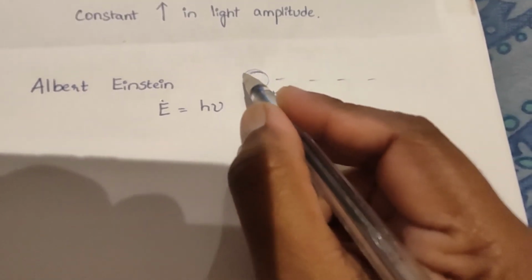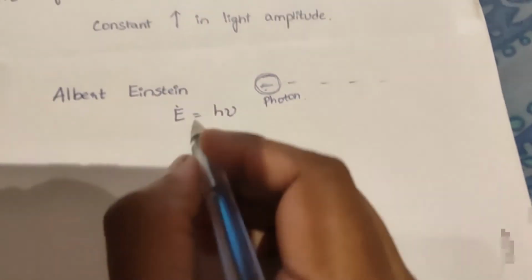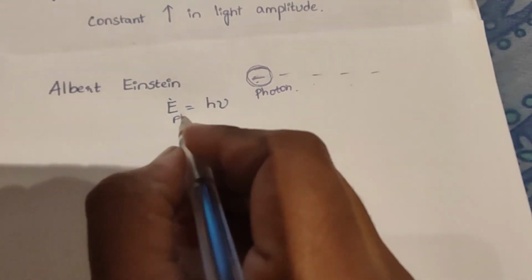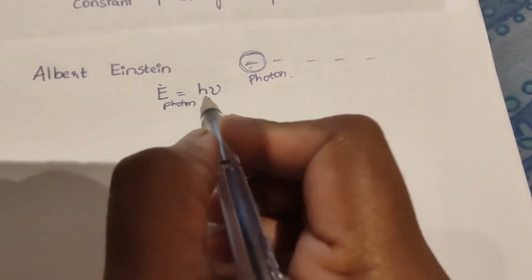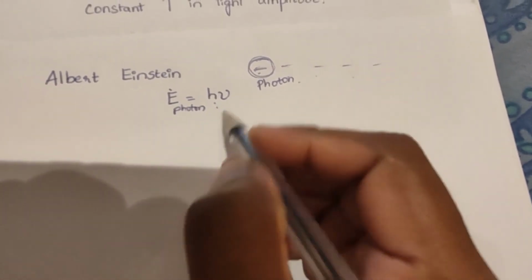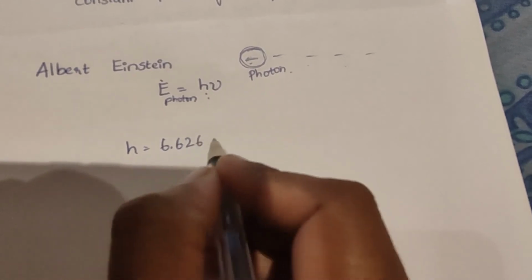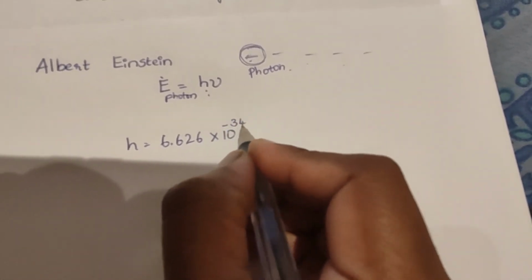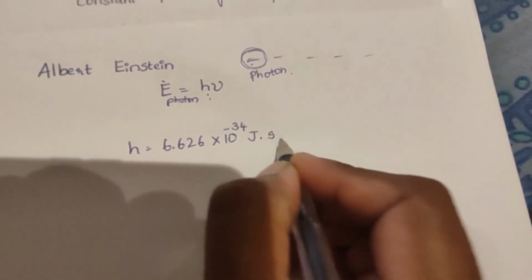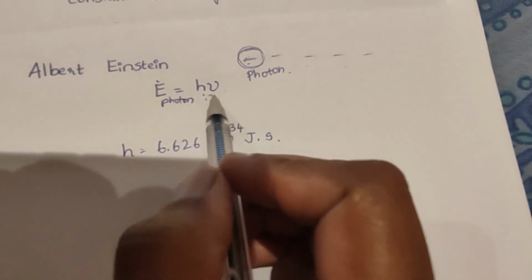So, when the energy of the photon is considered, E photon is equal to h, Planck's constant, which is equal to 6.626 into 10 power minus 34 joules second. And here nu is the frequency of light.